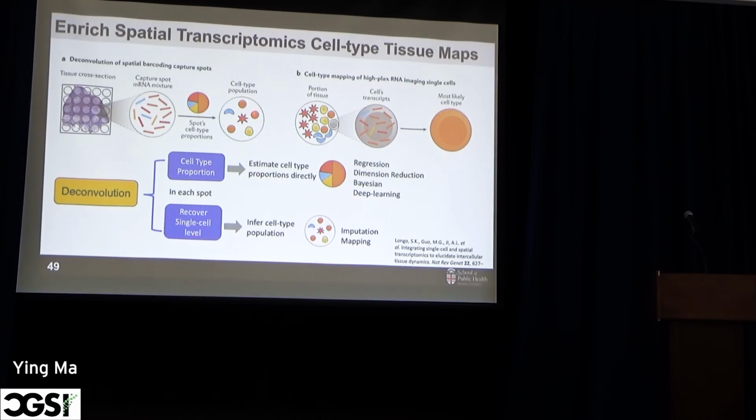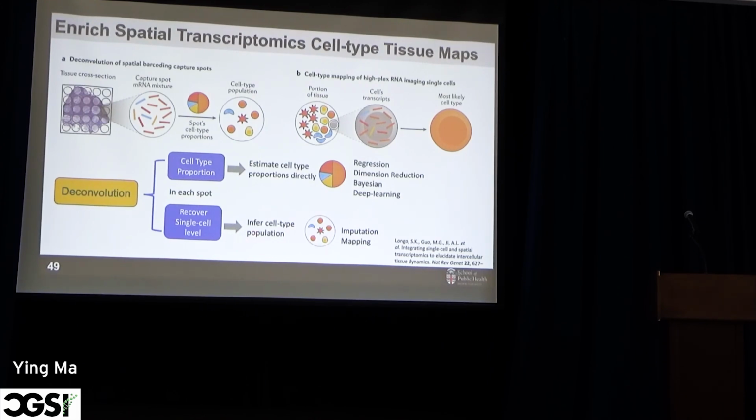And once you know, let's say, how many cells of cell type A are in a location, then you can naturally calculate the proportion. So for estimating cell type proportion, we can utilize regression, dimension reduction, Bayesian, deep learning. Anything that can give you a weight type of output, you can treat as a proportion.